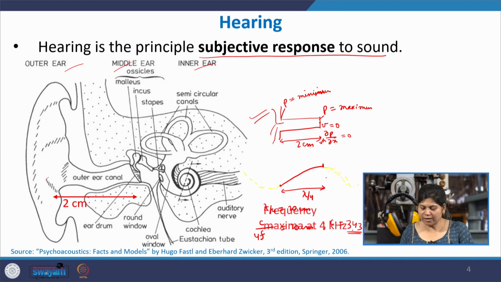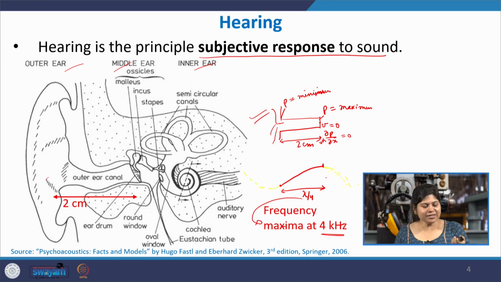Ultimately, the frequency corresponding to this lambda is approximately 4 kilohertz, which is what is observed, that the human ear is most sensitive to sound at 4 kilohertz.